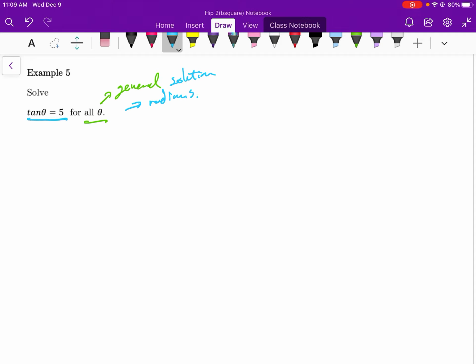I look at this question and I see that tan theta is equal to 5. Well, I don't know that one, so it must imply approximate values. So I'm going to need my calculator. Tan theta is equal to 5 in quadrant 1 and quadrant 3. Tangent theta is positive in quadrant 1 and quadrant 3. So I'm going to have two answers.